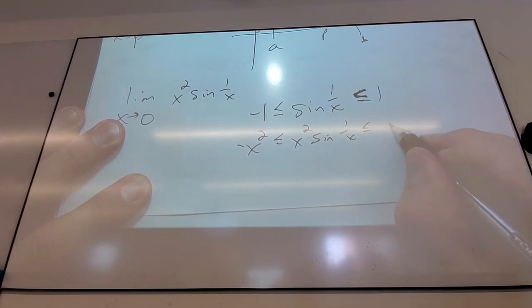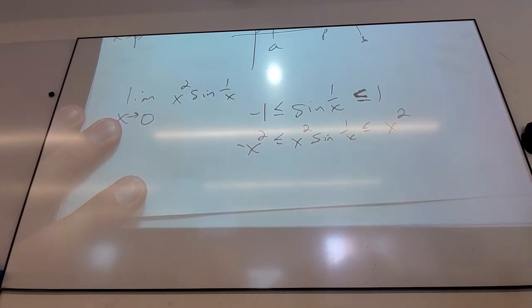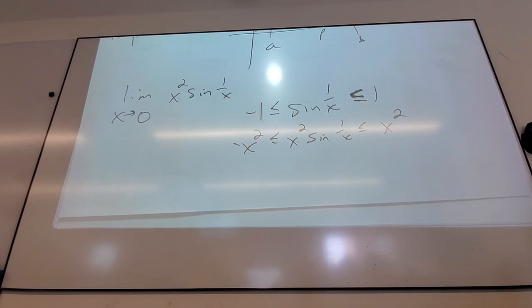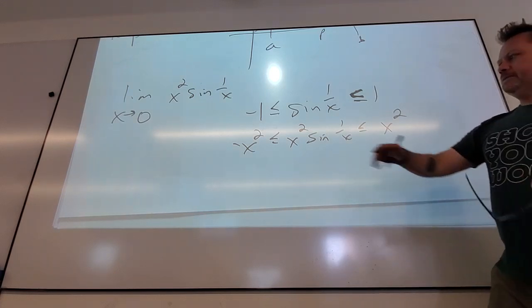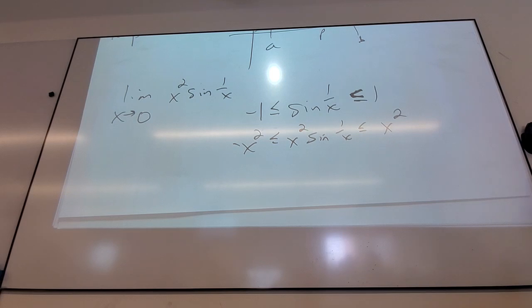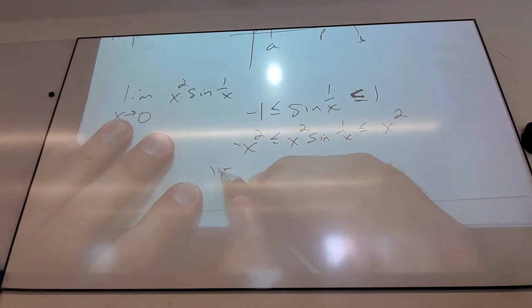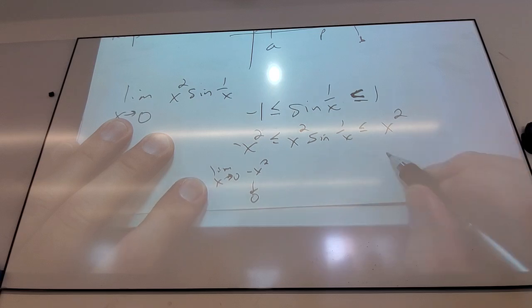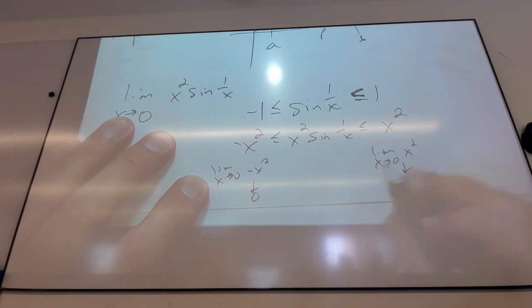Do I have a function caught between two other functions? All day long. What's the limit as x goes to 0 of this function? That's 0. What's the limit as x goes to 0 of this function? Also 0.